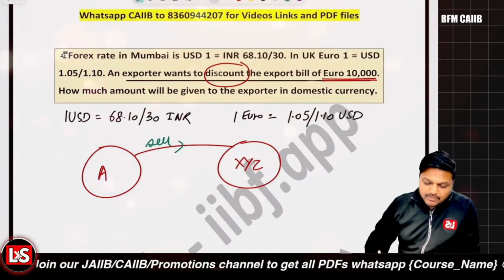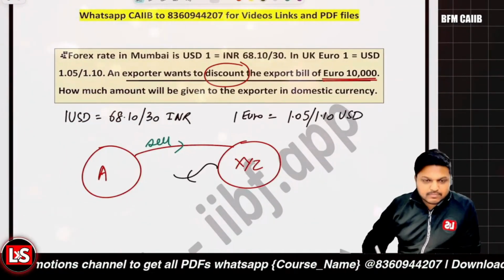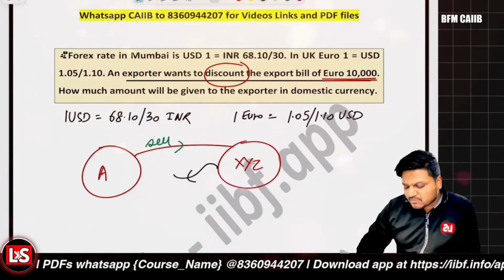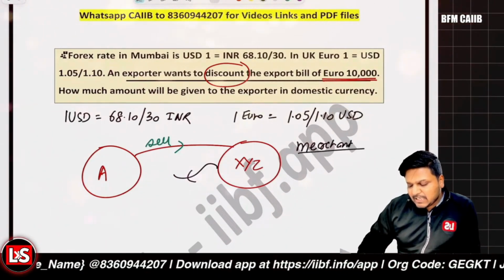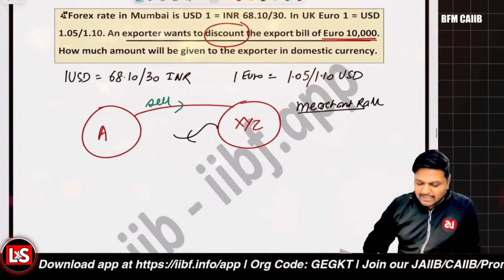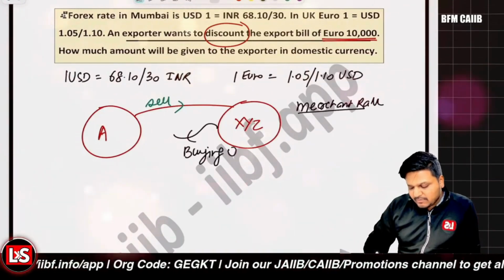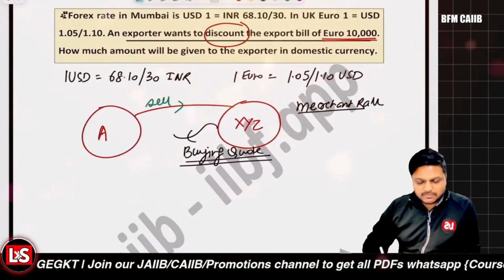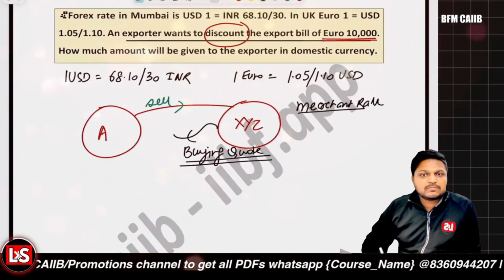Because the merchant rate is applicable when the customer is dealing, the customer will be able to sell at a price at which the bank is ready to buy. So it's a buying quote which will be given by the bank.